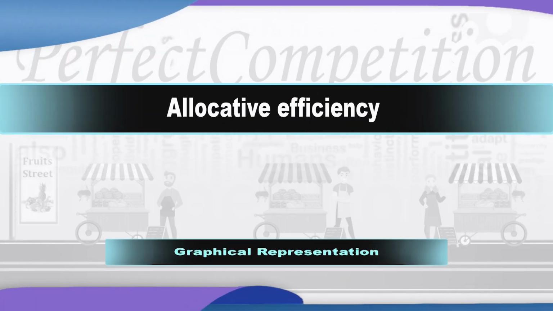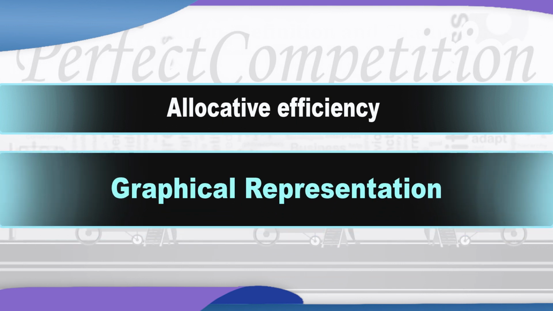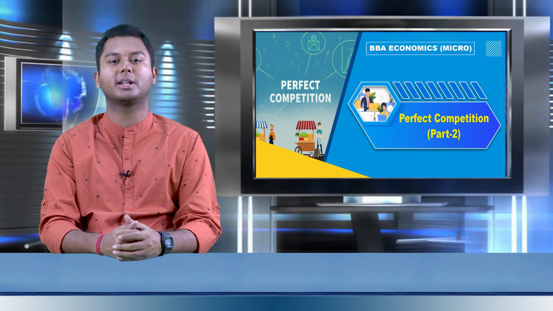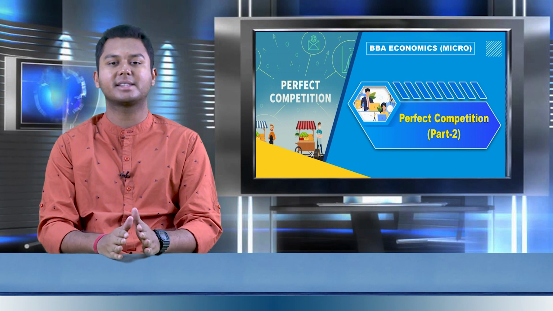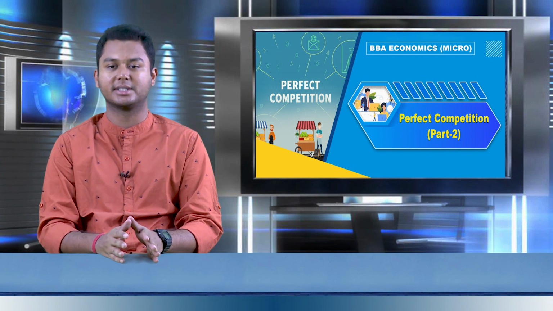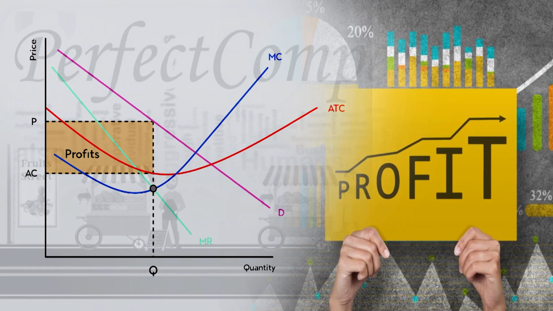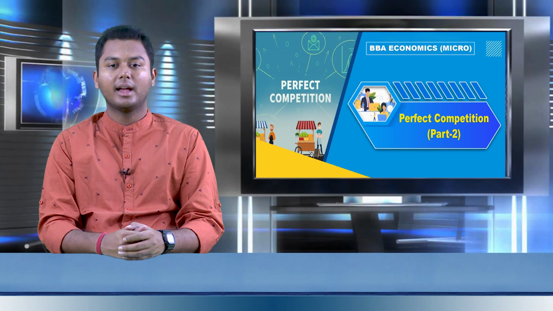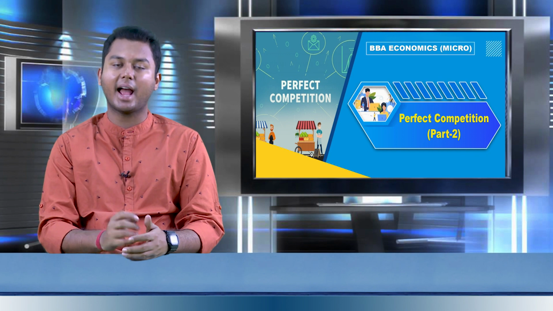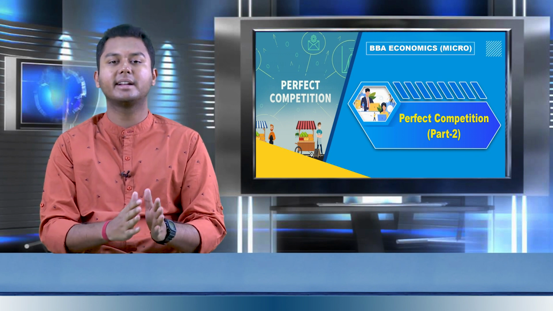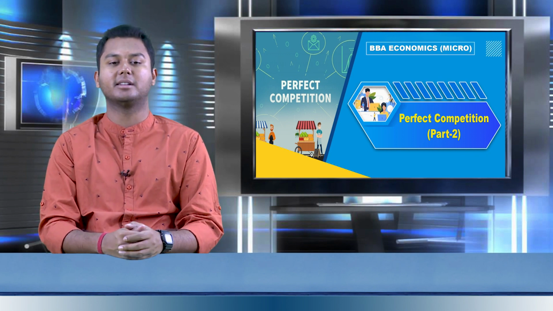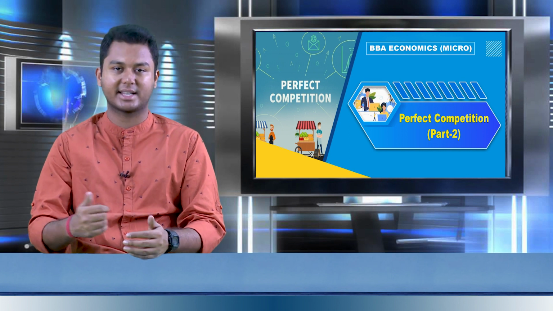If we try to imagine the graphical presentation that we learnt in part 1, then in a perfectly competitive market, the demand curve represents the marginal benefit to consumers and the supply curve represents the marginal cost to the producers. Allocative efficiency is achieved at the equilibrium point where the demand curve intersects the supply curve, meaning price equals marginal cost.